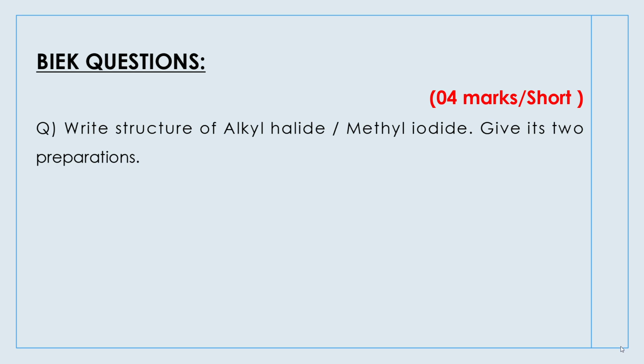It does not matter if the halogen or alkyl group is changing. As it is an alkyl halide, the hybridization, the bond angle, the geometry, everything will be the same. Then they say give its two preparations. From these three preparations, it's up to you which two you want to attempt.